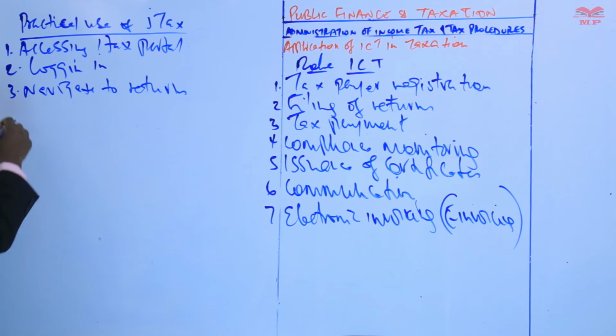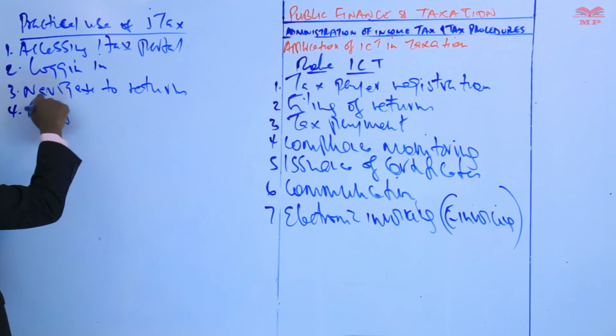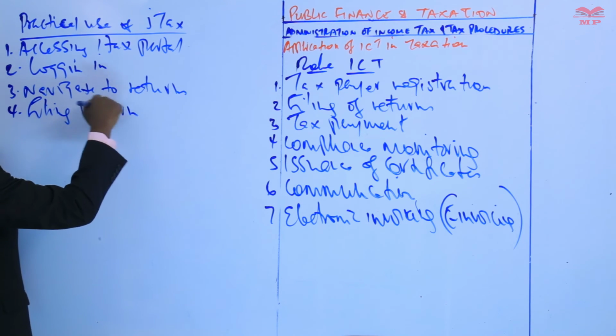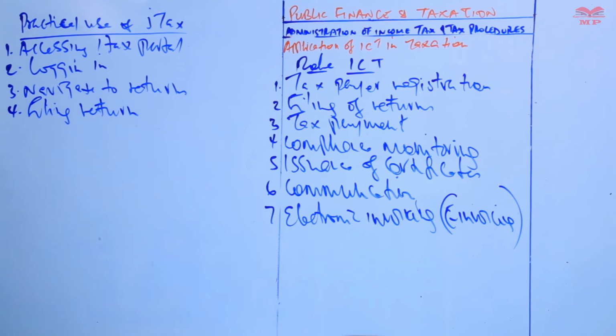Then you just file the returns. Once you navigate to the returns menu, you do the filing. You select file return. You will then choose the applicable tax obligation. It could be income tax, VAT, PAYE, and the return period. For example, the year of income, the specific month, and so on.